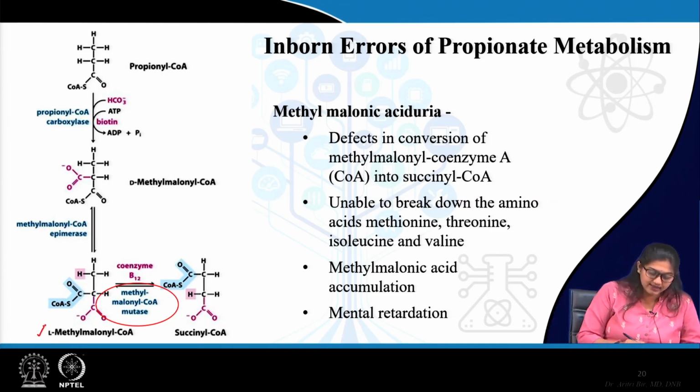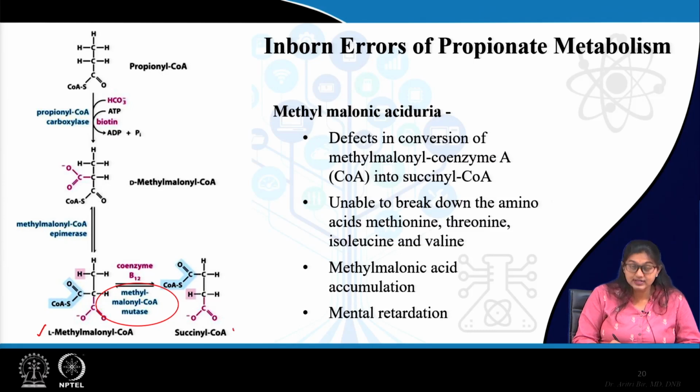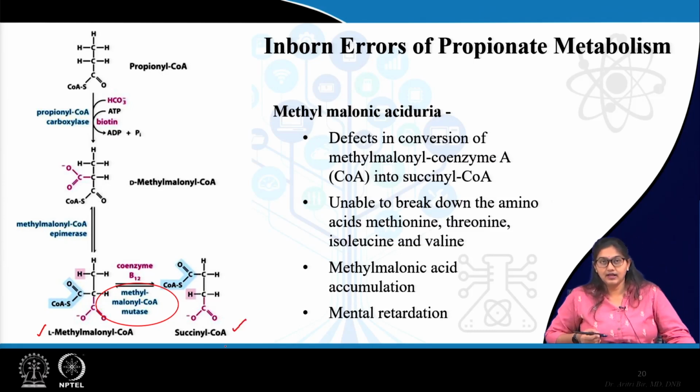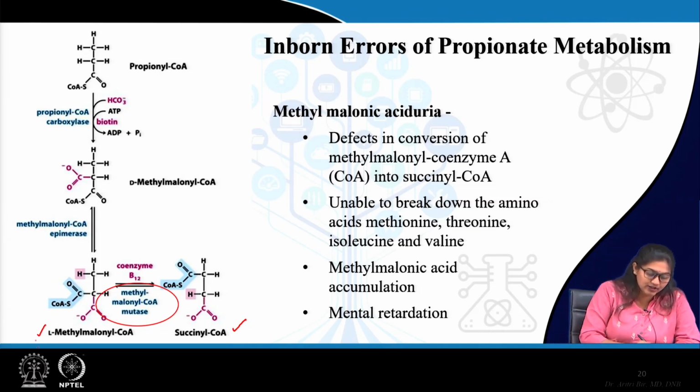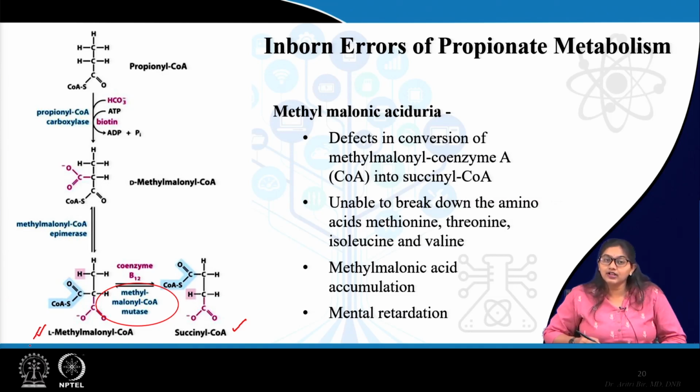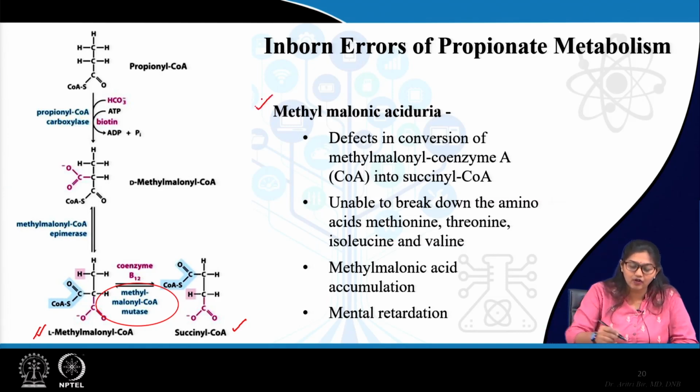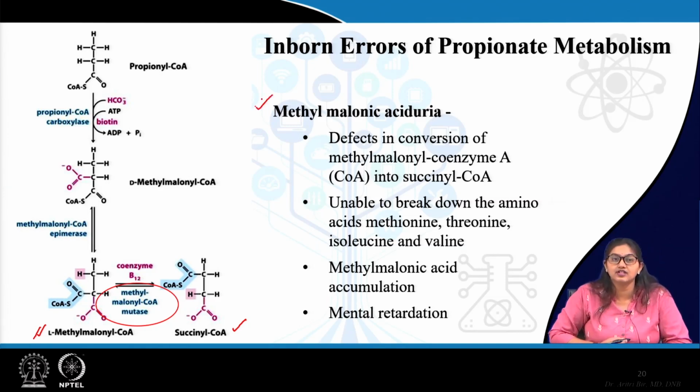conversion of methylmalonyl coenzyme A to succinyl coenzyme A, and because there is defect in this conversion, what will be accumulated? Methylmalonyl coenzyme A will be accumulated and it will be excreted via urine in the form of methylmalonic aciduria.